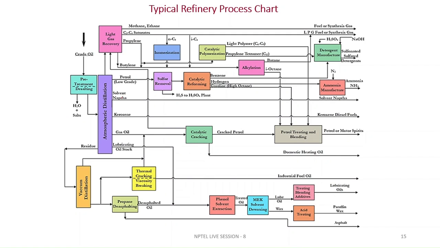Next fraction is the solvent naphtha. So this goes as a solvent naphtha itself. Kerosene, this is like kerosene diesel fuel, it is collected as such. Then gas oils further go for the catalytic cracking. Then it produces cracked petrol. That petrol treating and blending with isooctane, then gasoline. This blending is occurring, and then we produce the motor spirit or petrol.